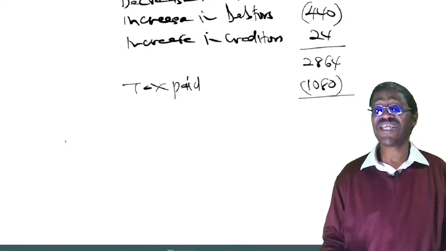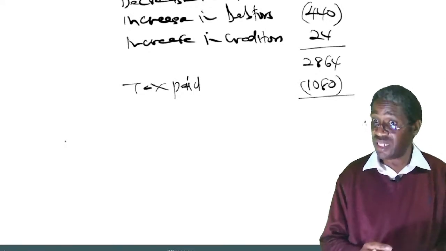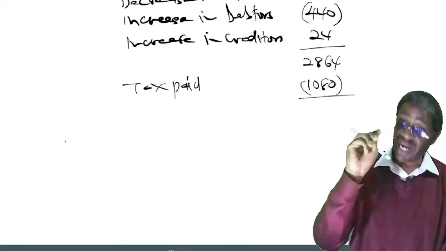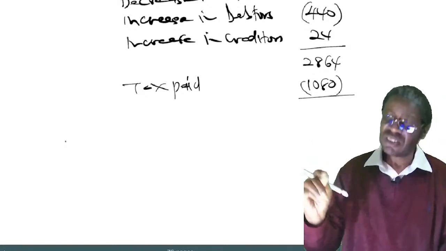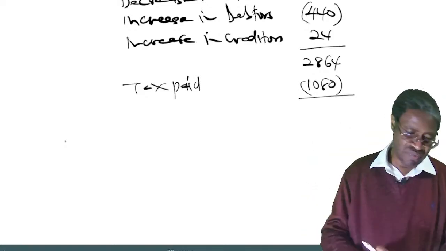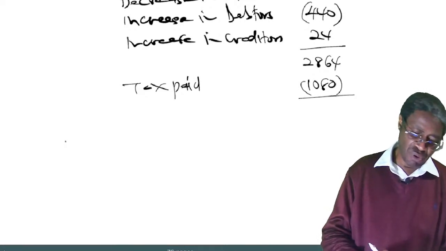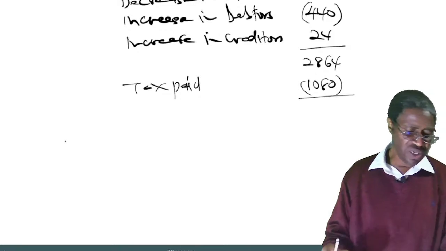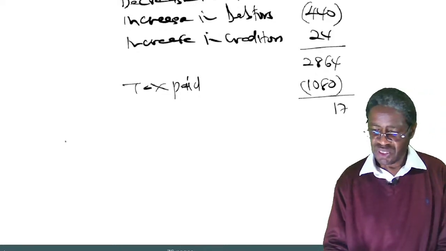Then I get the net. Listen, I get the net, and I told you the net is what you consider to be the cash flow from operating activities. And I told you you push it to the extreme. So that 2864, if I minus 1080, I'm remaining with 1784.